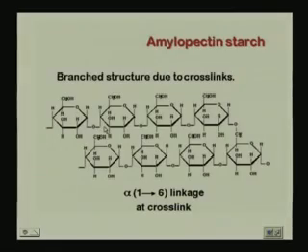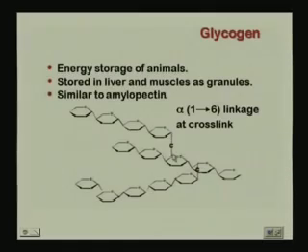A beta 1,4. Where is the cross link? The alpha 1,6 linkage is supposed to be at the cross link. So, where will be my cross link? It will be this. This is the 6, that is the 6th one. So, these are basically the different types.